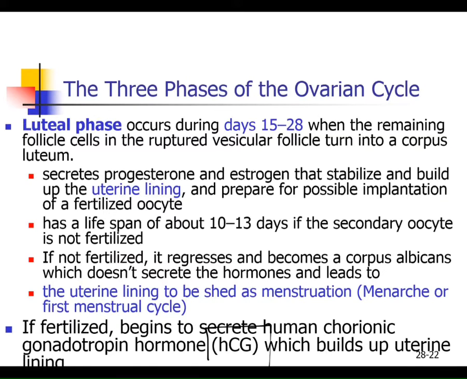HCG is the hormone that is used in early pregnancy tests. The moment that the egg and sperm come together and the embryo is formed, the embryo itself starts to make this hormone, HCG. And we've become very good at detecting minuscule amounts of HCG in a female, and so we can now detect fertilization very, very early.